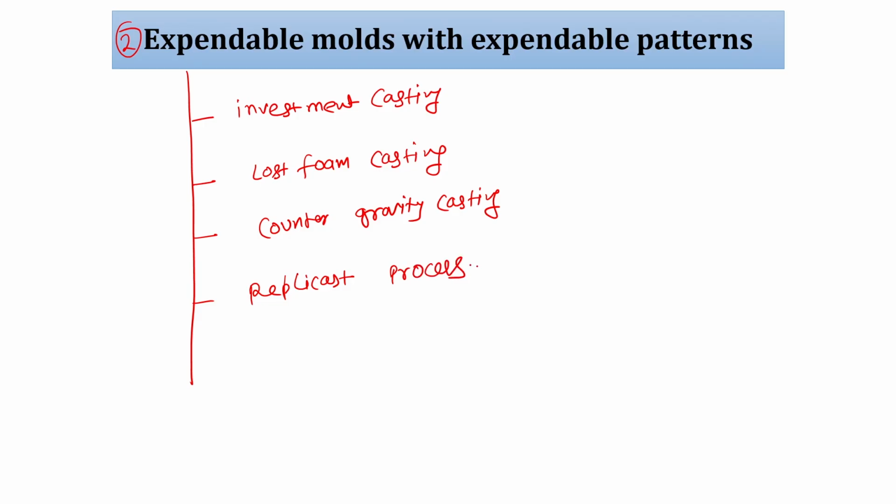Very popular, investment casting. What do we do? We make a pattern of wax. And around that pattern we make a mold also. After that, we go in the oven and we evaporate and melt the wax. So we have already invested money. You can't use that pattern again.